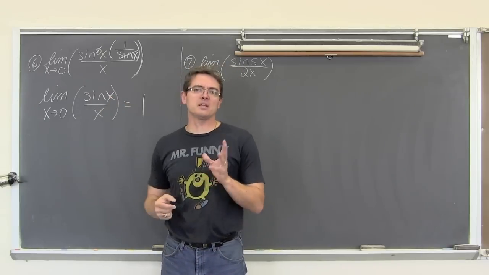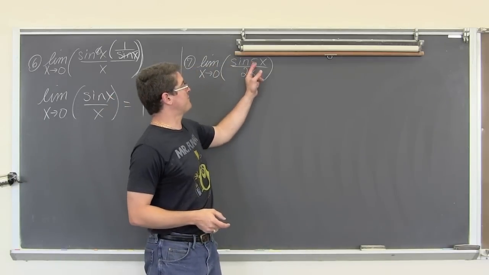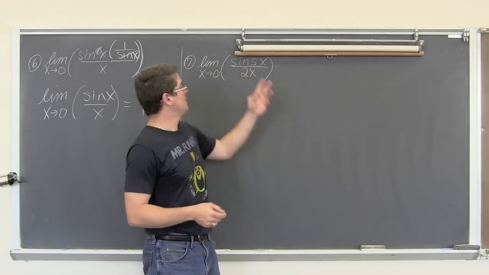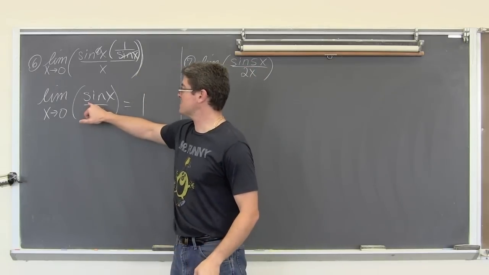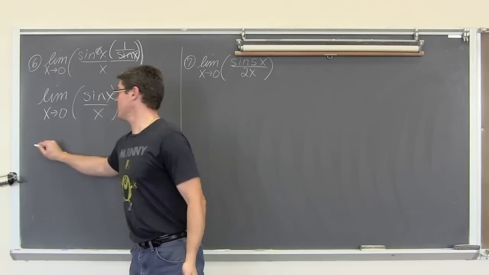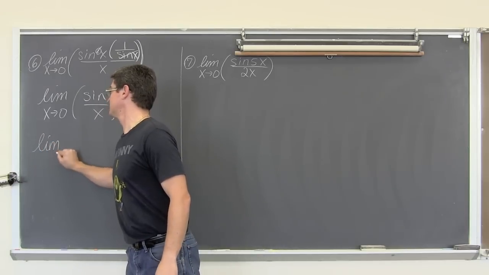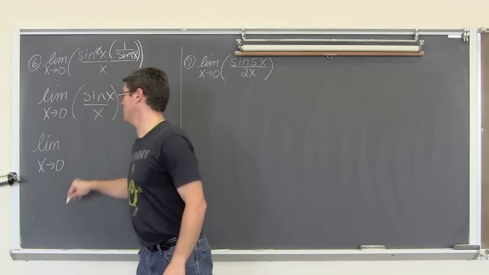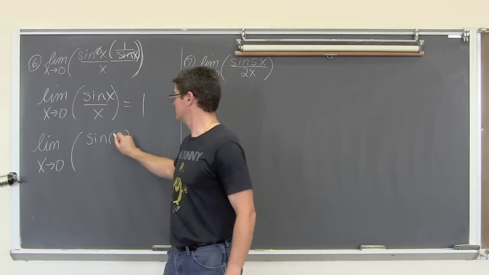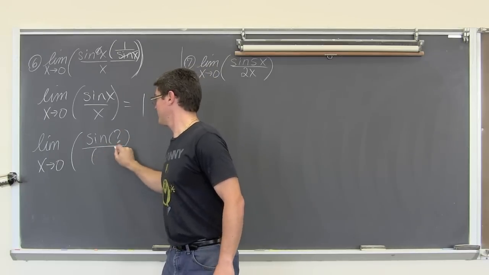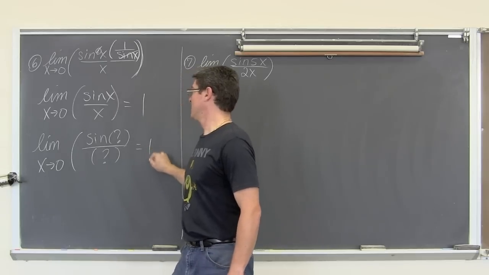I don't really care about the fact that there's a 5 or a 2. What I really care about is that these values are not a perfect match. This is really the limit as x approaches 0 of the sine of something over the sine of something equals 1.